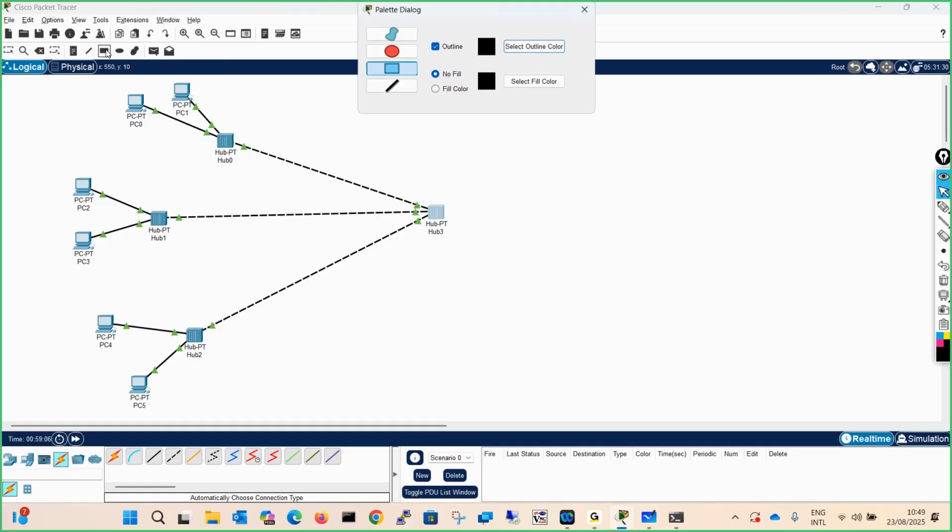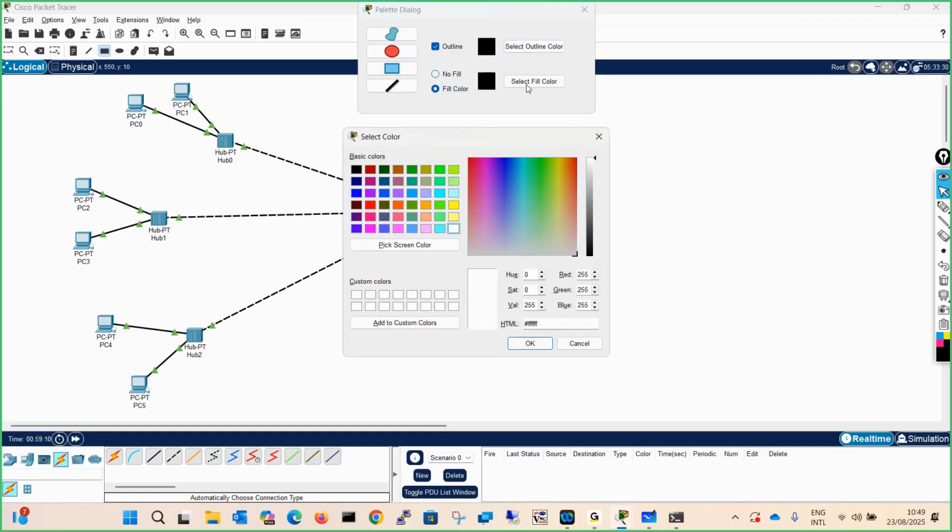Everyone has done this? Please confirm in the chat box.